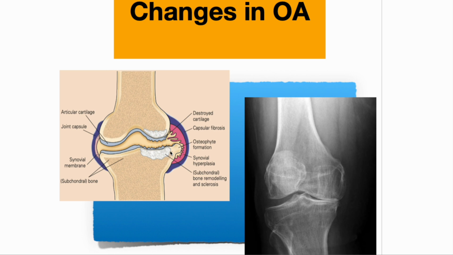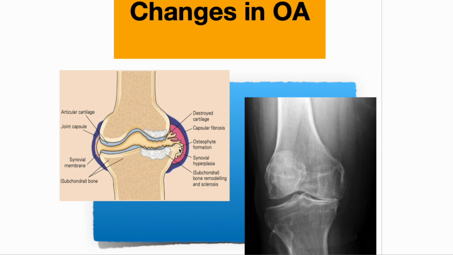Now let's discuss those specific other changes. First, the cartilage damage, and then once the cartilage is very thinned and inflammatory or non-inflammatory changes are happening locally, the adjacent area of the bone also starts remodeling or scarring, which is another term for sclerosis.